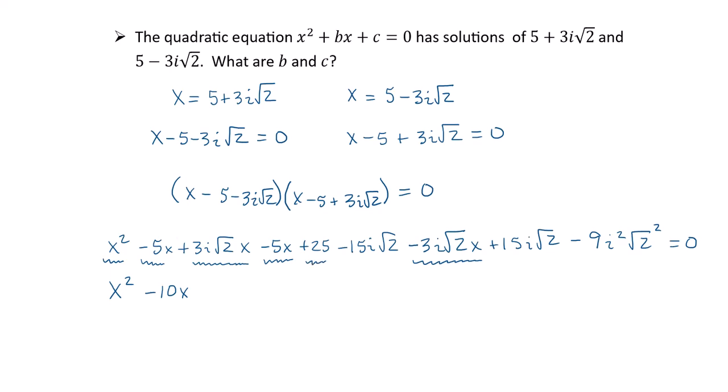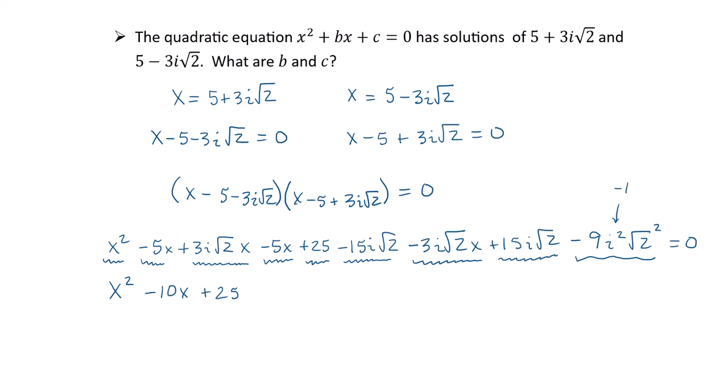Here's a 25. I have a negative 15i square roots of 2 and a positive 15i square roots of 2 that cancel out. And then I have this term here, a negative 9i squared times the square root of 2 squared. Well, remember, i squared is negative 1.